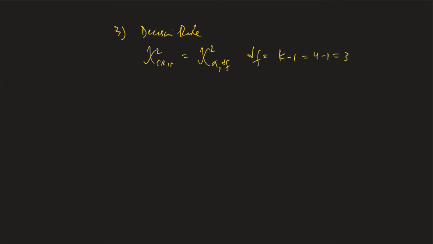So chi-squared critical would be chi-squared 0.05, 3, and we have to figure out what that critical value is.